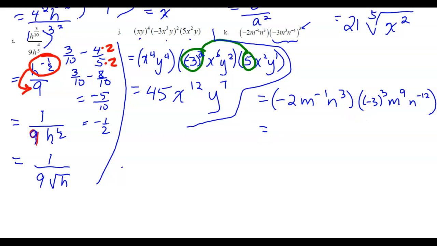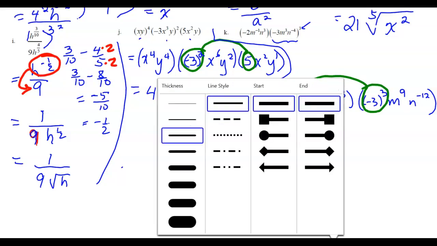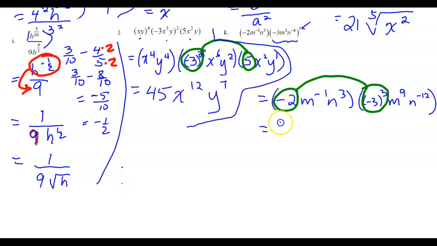So negative 2 times whatever negative 3 cubed is. So you could do another step, but remember I said you don't have to. So negative 3 cubed is negative 27 times a negative 2 is positive. Yep, positive 54.